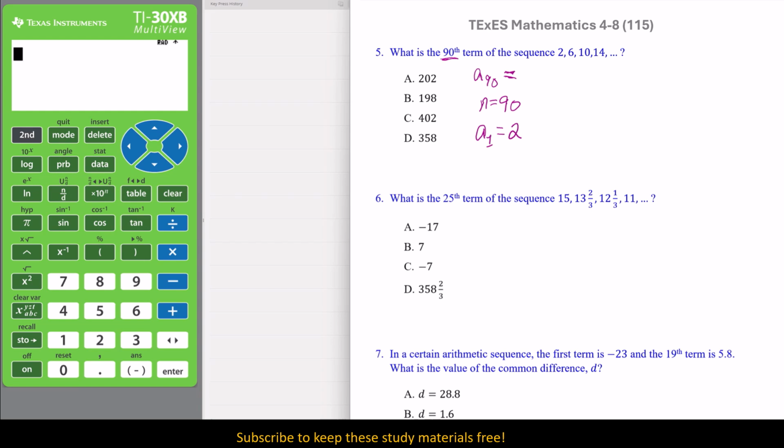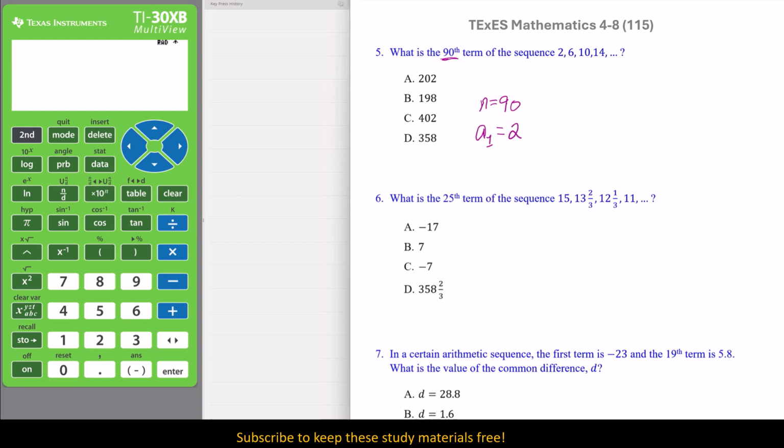Now we need to determine, what do we have? Do we have a common difference or do we have a common ratio? Well, obviously, by looking, we have a common difference, which would be d. I'm going to move this so we don't get things mixed up.